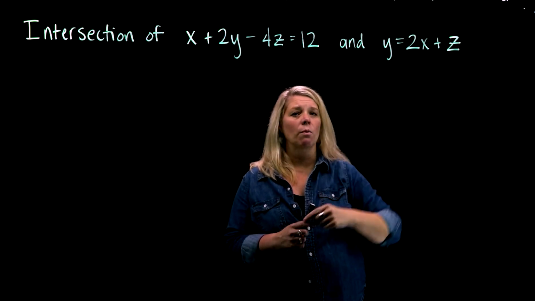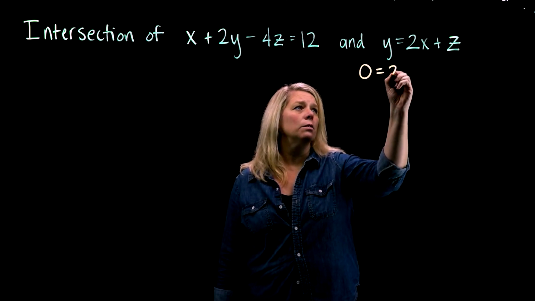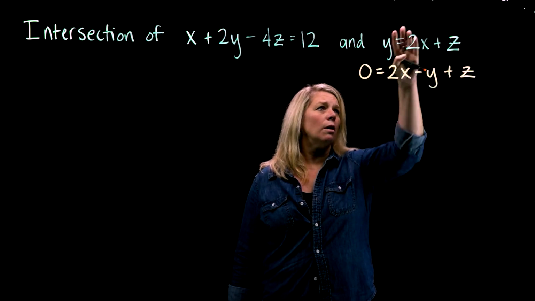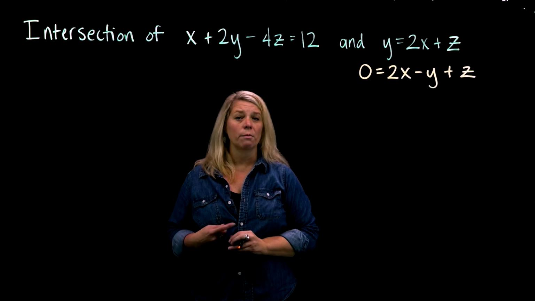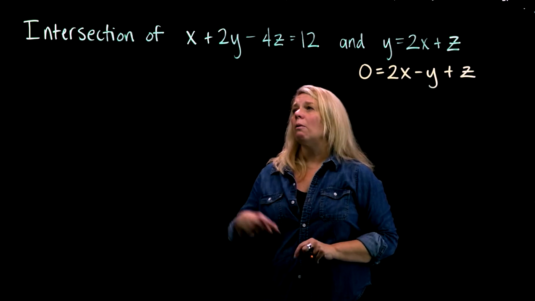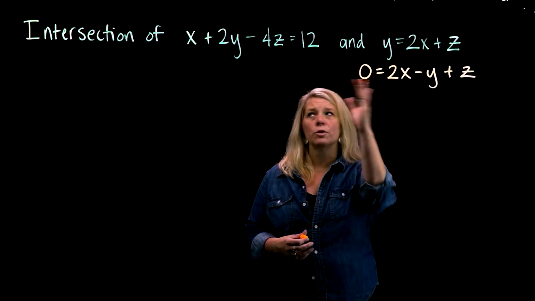So I'm just going to subtract y from both sides of the equation. So I'll have 0 equals 2x minus y plus z. All I've done here is rearrange that equation so it's in a form maybe we're a little bit more familiar with for the equation of a plane. So what we're looking at here then for this example is finding an intersection of two planes.